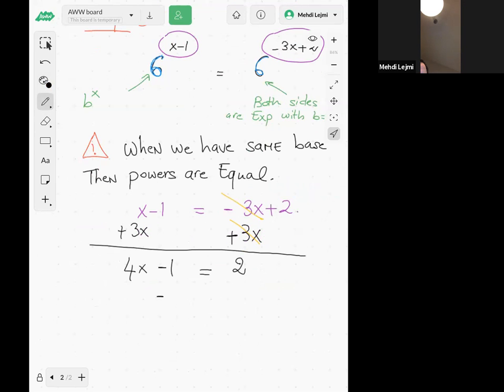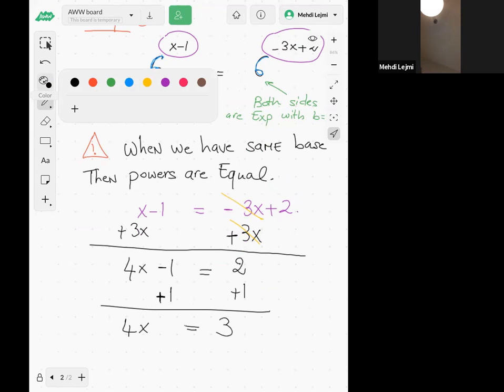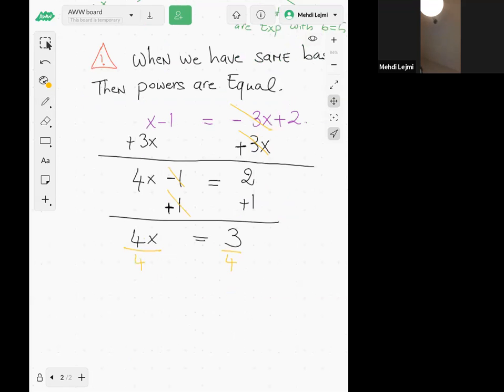The opposite operation would be plus 1, of course, both sides. So that would be just 2x equal to positive 3, right? And then last thing to do, that's 2 times x, so the opposite operation will be division, so we have to divide by 2. So that's just x equal to 3 over 2.